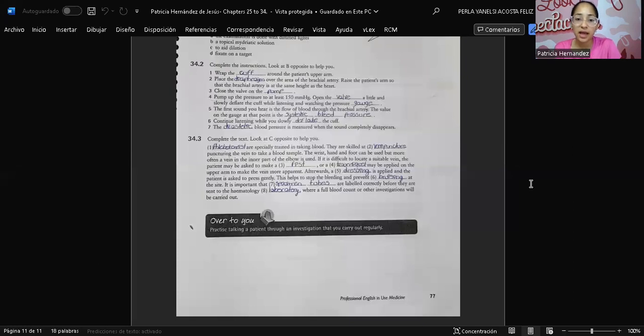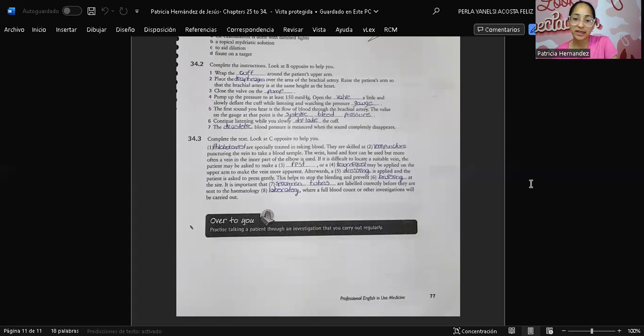The wrist, hand, and foot can be used, but more often a vein in the inner part of the elbow is used. If it is difficult to locate a suitable vein, the patient may be asked to make a fist, or a tourniquet may be applied on the upper arm to make the vein more apparent.